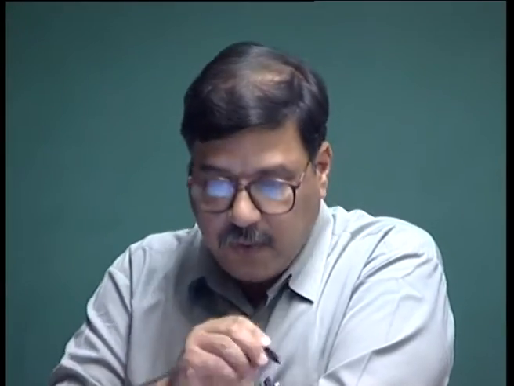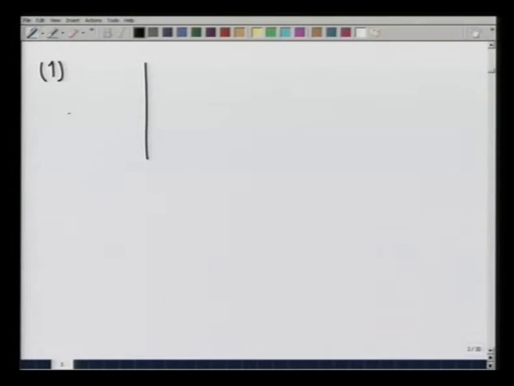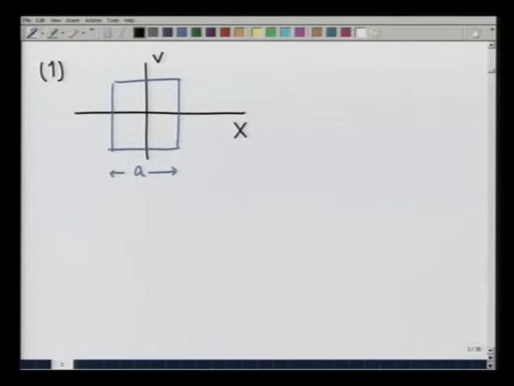Let us now work out some examples of how to calculate these. As the first example, I take a square of side A and calculate for it the moment of area about the x axis and about the y axis and its product of area. I x x is equal to, by definition, integral y square dA.